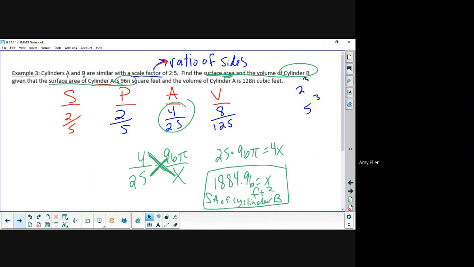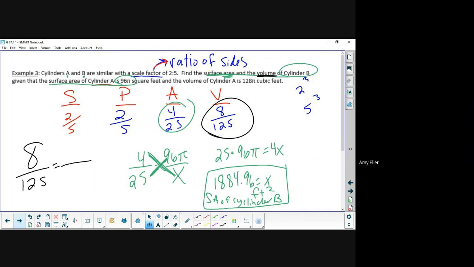All right, we would be done with this one, but unfortunately it does ask us another question. Not only do we have to find the surface area of cylinder B, but it also says find the volume of cylinder B. We've already got some work here. So now that they ask us a volume question, let's circle our volume formula, our volume ratio, and use that.